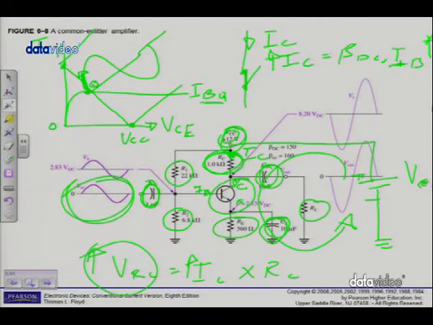So to keep this formula still true, if I increase VRC, VRE remains the same. What's got to happen with VC? It's got to go down. Eh? It's got to go down.